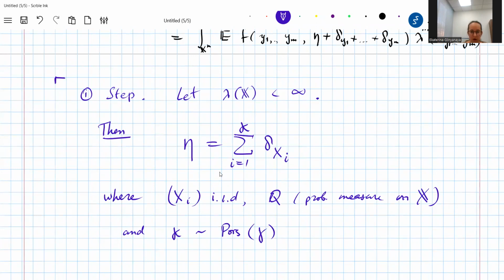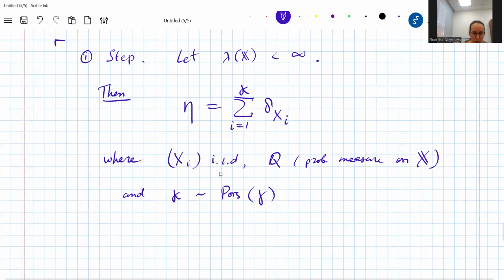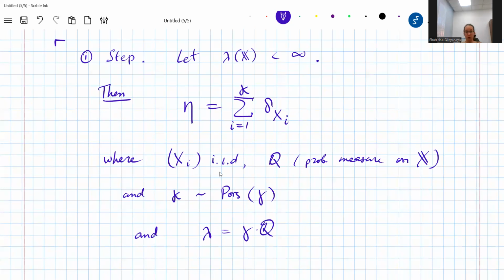And here the measure lambda can be given as the product gamma times Q. So we proved this: if we consider this one, then the intensity measure of such a point process is this one.